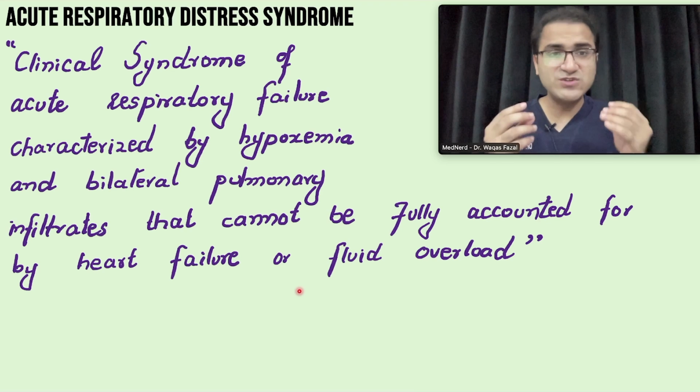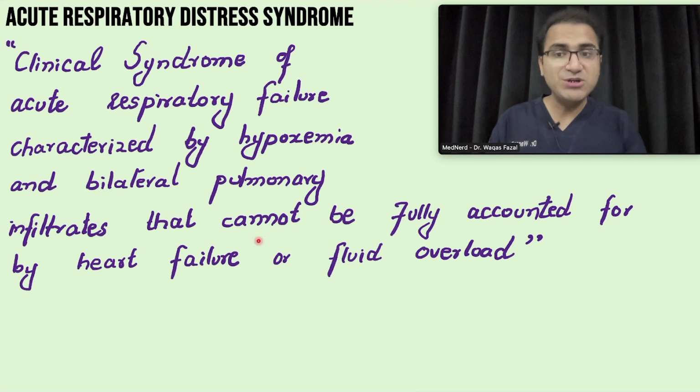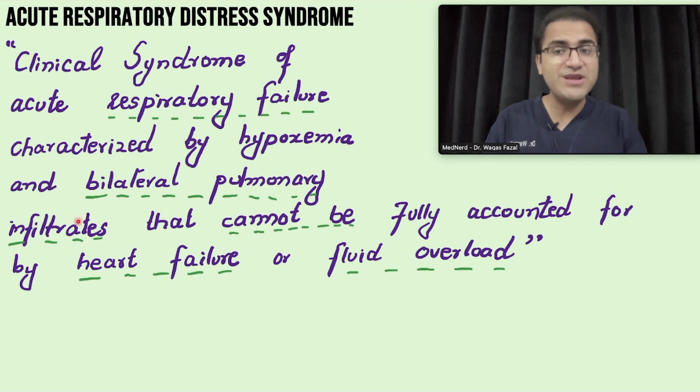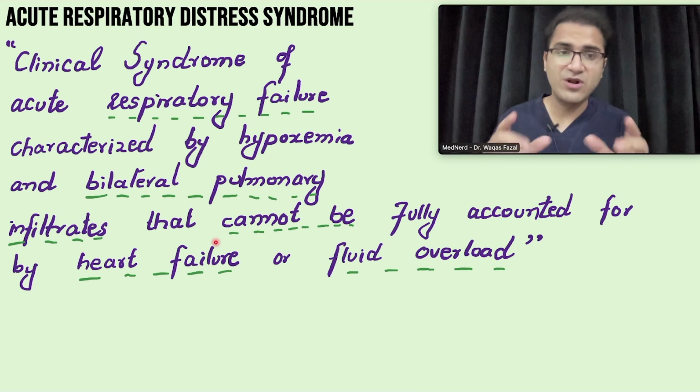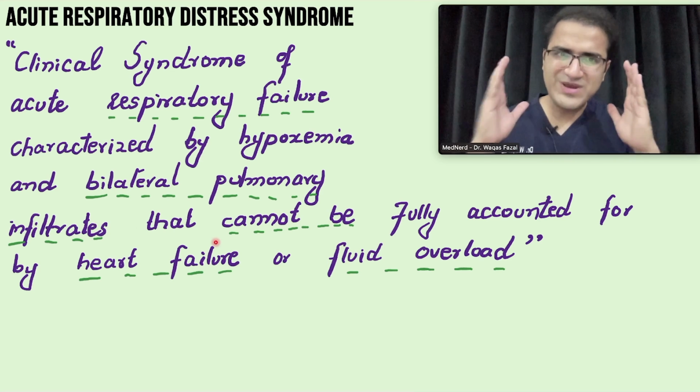The patient was not maintaining saturation and developed bilateral pulmonary infiltrates, sudden onset respiratory failure that cannot be explained by heart failure or fluid overload. That is a classical picture of ARDS.